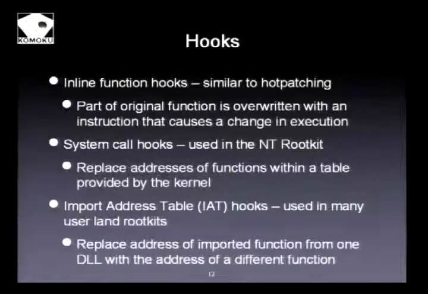So a quick slide on hooks. There's several different types of hooks. An inline hook, also called a detour patch, is when you actually modify the binary function in memory. Normally this is to implement a jump or a call to your rootkit code. This is actually extremely similar to Microsoft's hot patching.